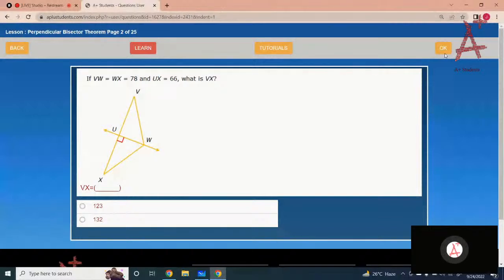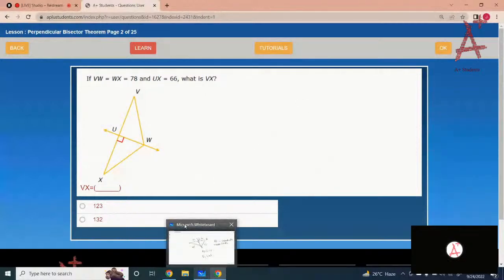Okay, so W is a perpendicular bisector on VX. Let me draw it on the board. VX equals 78.